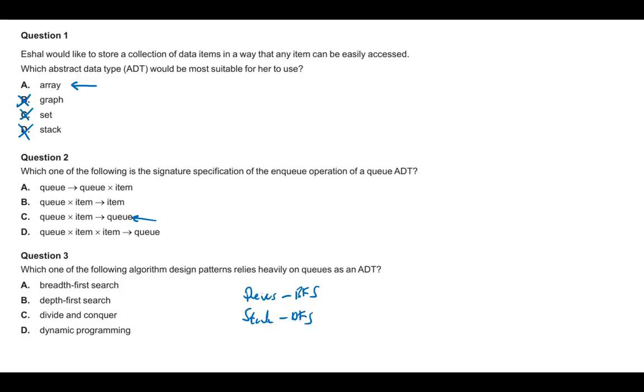So straight away, we're going to get rid of B. Divide and conquer could conceivably use breadth first search, although it's more likely to be recursive, so that's going to be a stack again. However, I wouldn't say it's heavily relying on it, and dynamic programming, well, just no. So the answer is A.